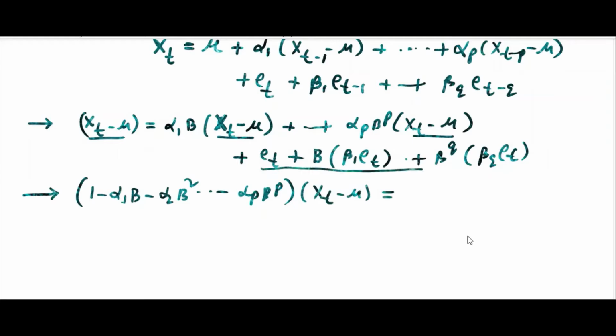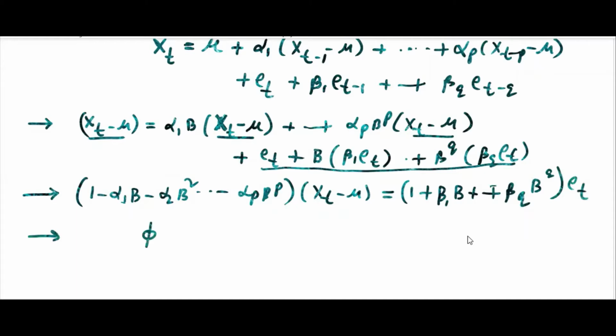Here you can take e_t common. So if you take e_t common, you get (1 plus beta 1 B up to beta q B^q) e_t, and then I can write this as phi(B), a function of B, times (X_t minus mu), and this will be another function of B, a new notation.